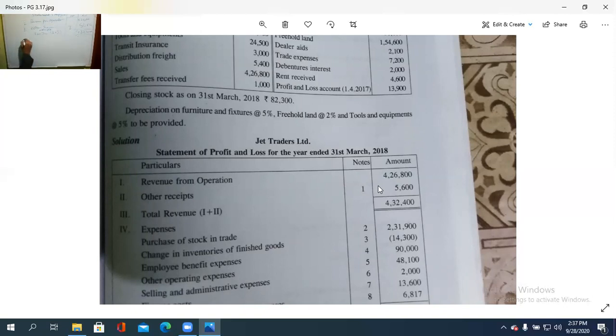Expenses, third. Which items come under expenses? Each one goes in the notes. So first of all, which item is there?